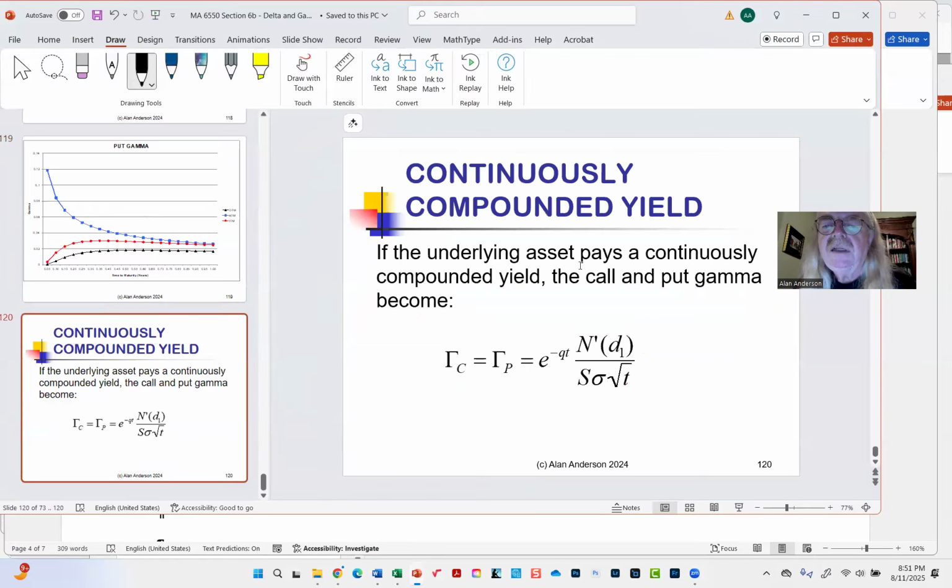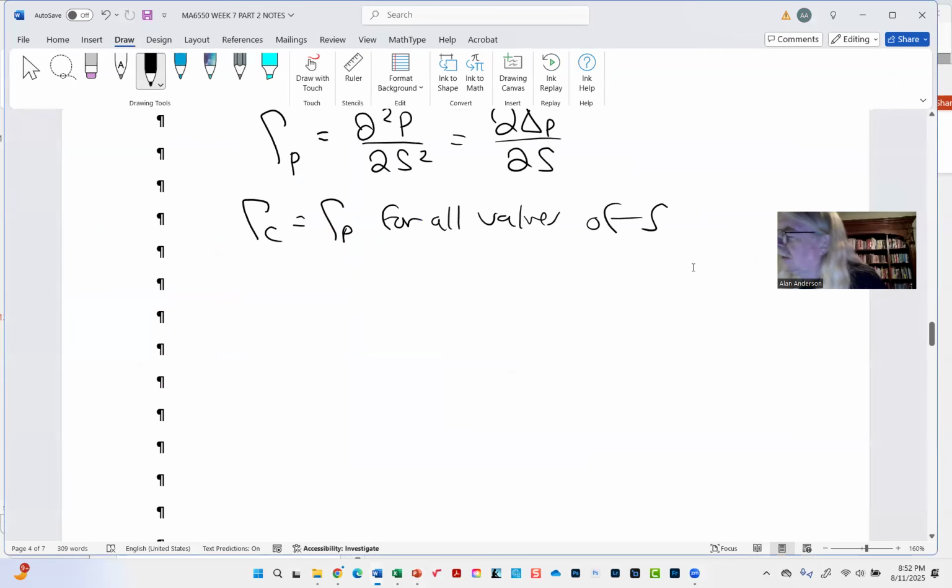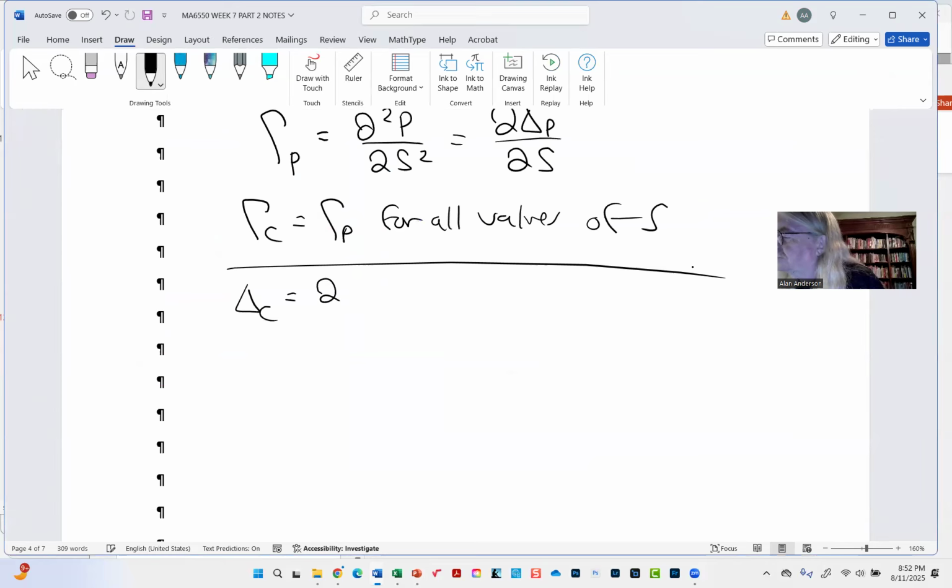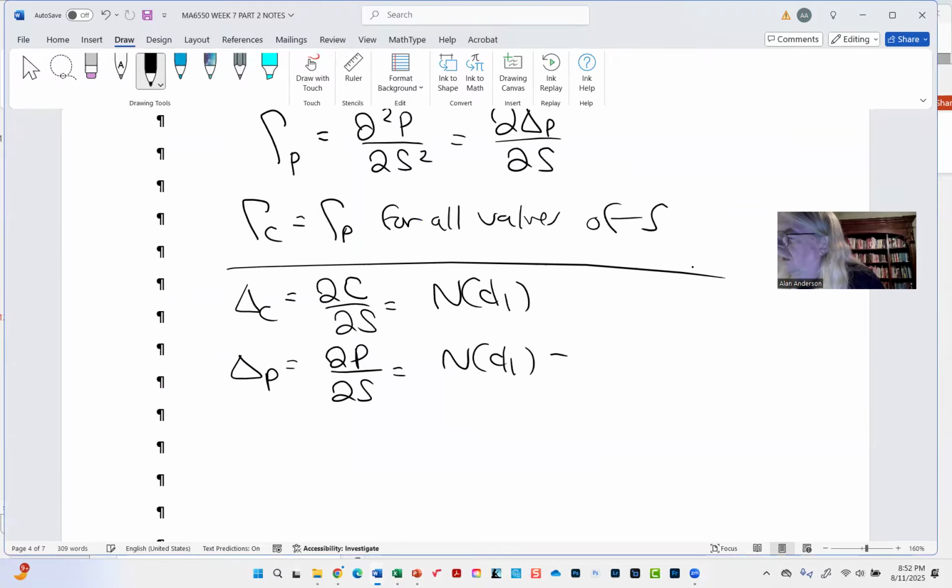All right. By the way, what you're seeing here are the formulas you would use to actually calculate these. These are, remember, the deltas. The deltas were easy. The gammas are a little bit messier.